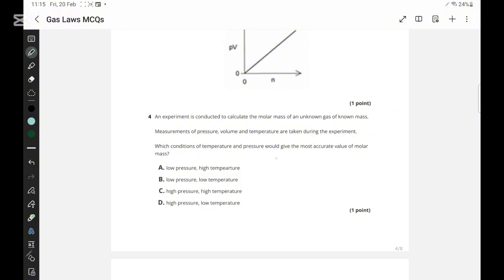First of all, for ideal gas behavior, there are certain conditions which we need to keep in mind.